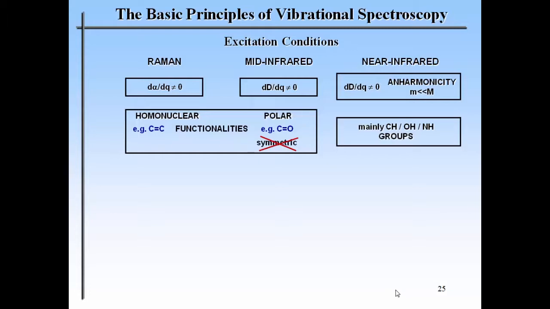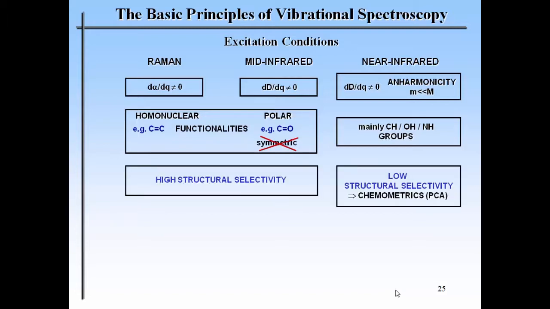Raman and infrared are complementary because Raman basically focuses on homonuclear functionalities or homonuclear vibrators, oscillators, whereas mid-infrared focuses on polar functionalities. Both have high structural selectivity compared to near-infrared, but you can enhance the selectivity by chemometrics, by statistical techniques.